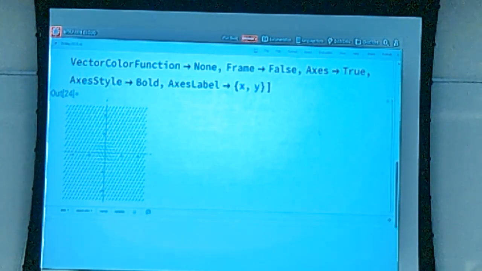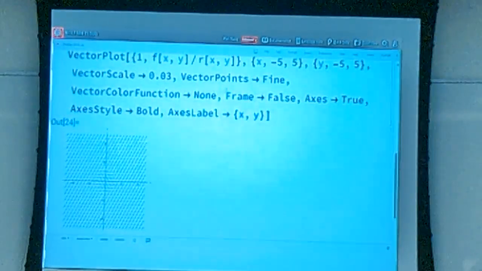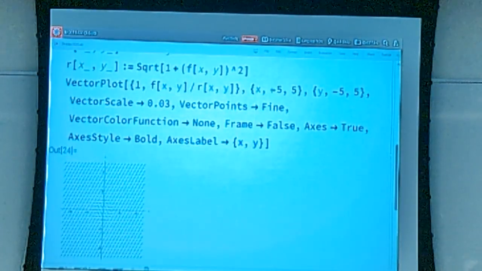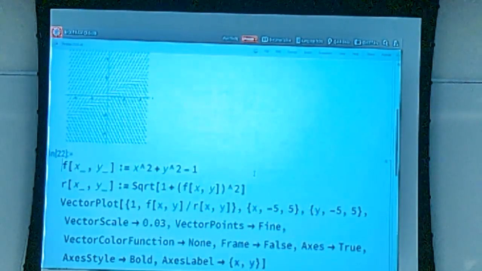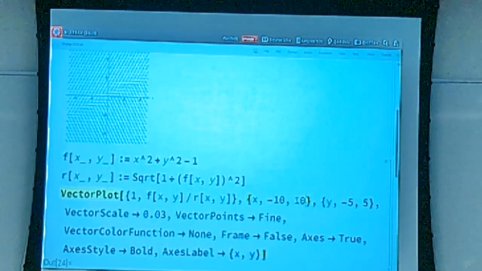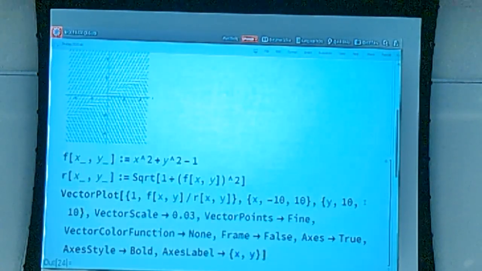Or if you wanted to, you could try and change some of these functions. If you want to change the viewing window, let's do that. What happens if I go out? I think it's going to be interesting, to be honest.